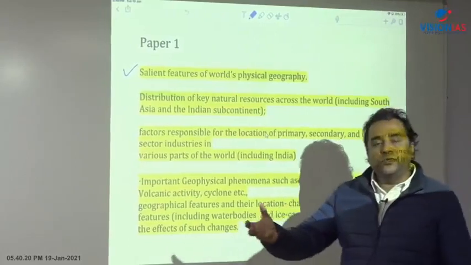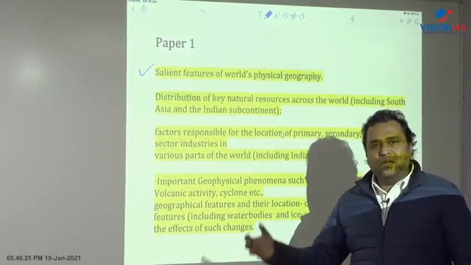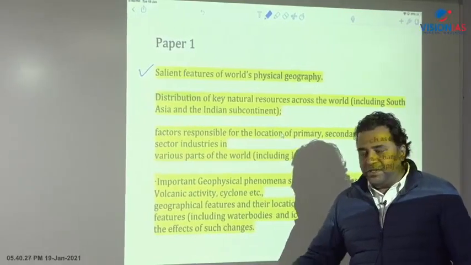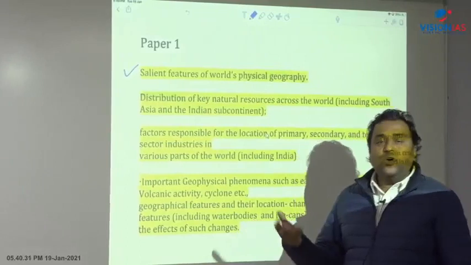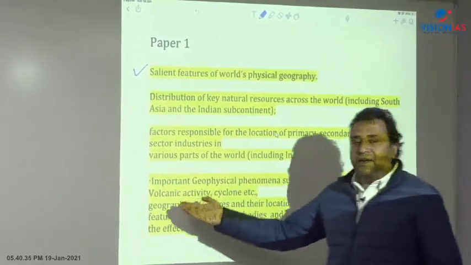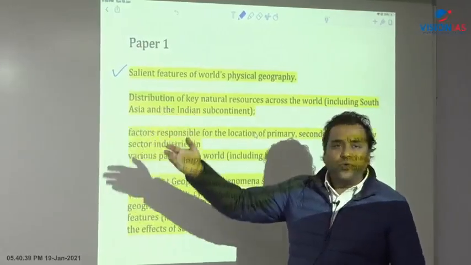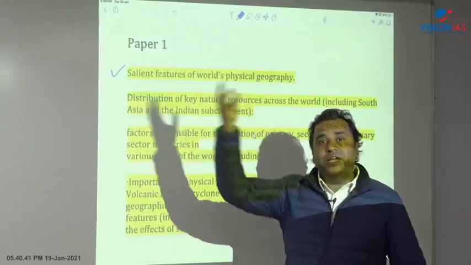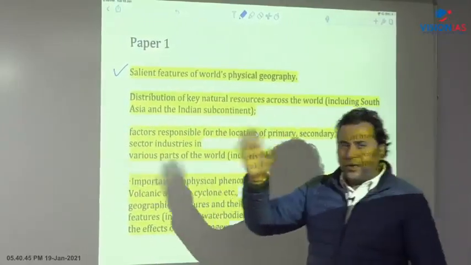Tsunami takes place in the ocean water, but it is affected by the movement in the ocean floor, right? Deep ocean floor land moves, because of that tsunamis are created, right? Or other causes, so we'll see, right? Tsunamis. Volcanic activity. Where does volcanic activity take place? On the land. For example, in the mountains or plateaus or plains, you have the volcanic activities taking place, volcanoes coming out. So I hope you can match, right?